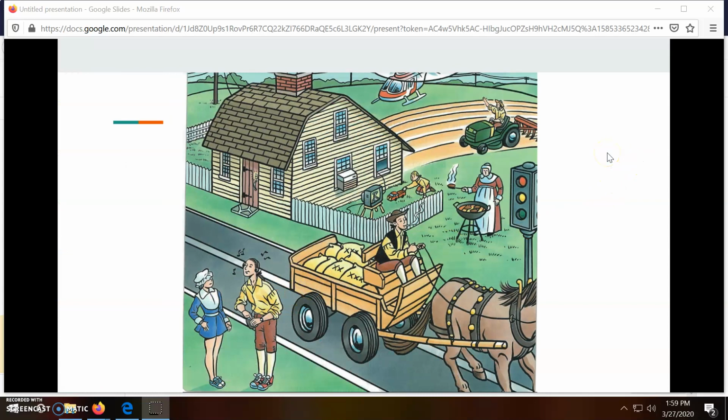We have this beautiful picture. This is a picture that shows us colonial life. There are some things that are not right, that are not correct. I would like you to try to find the 16 things wrong with this picture and write sentences about that in your notebooks. For example, look at this boy.